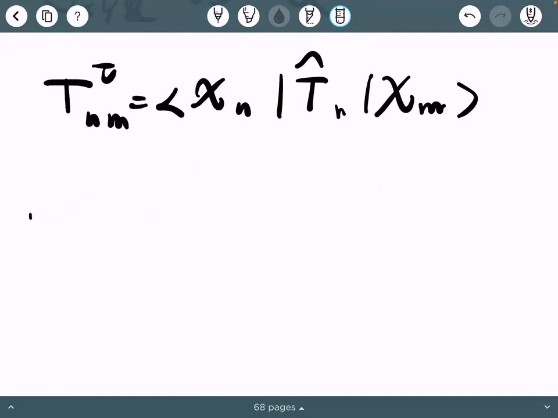We build this object, which is, of course, a trial, and I put a tilde to remember that. Now, in general, this is expected to be Hermitian, right, in this Hilbert space.